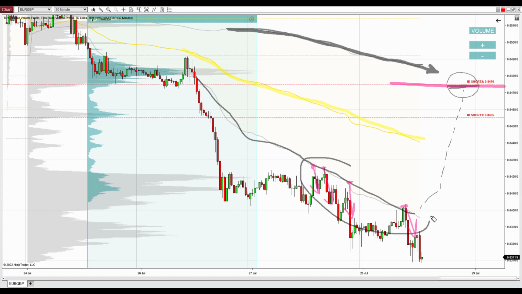Because as you can see in here, the price tends to react to the first deviation, especially when you combine that first deviation with heavy volume zone. That's a nice combo, right? Nice combo of volume profile setup and a VWAP setup. Right, so that's about the euro and British pound.